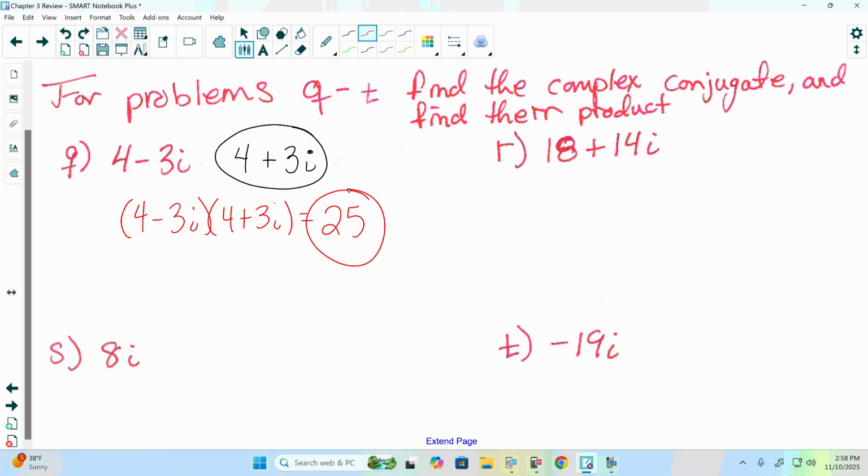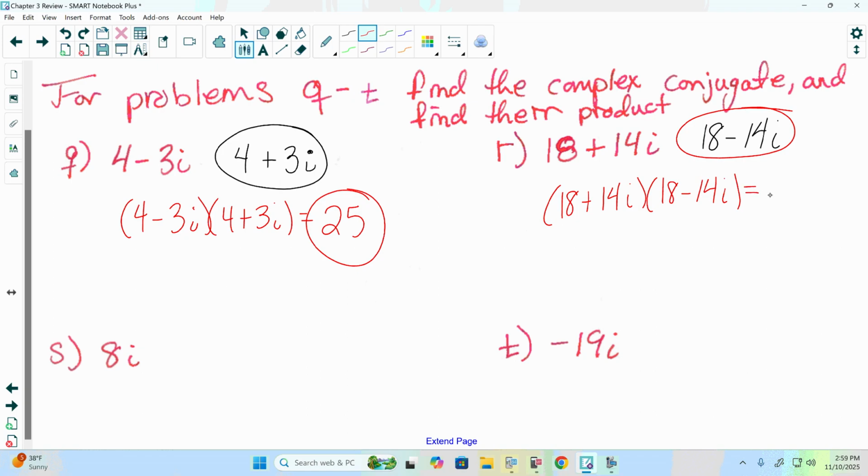So what would 18 plus 14i's complex conjugate be? 18 minus 14i. And that'd be half the answer. The other half would be multiplying these together.